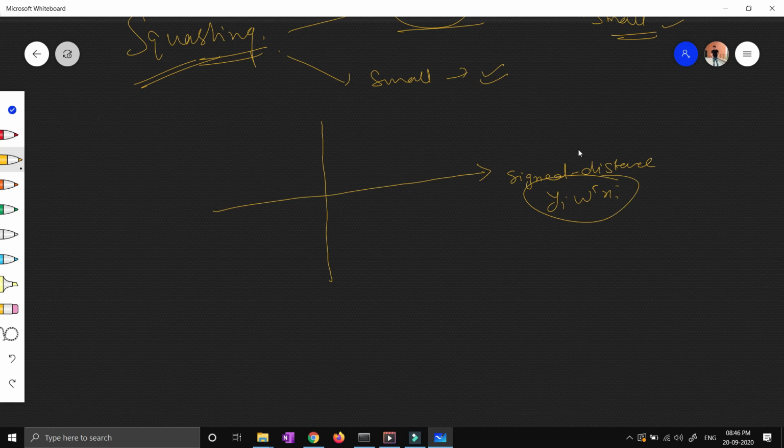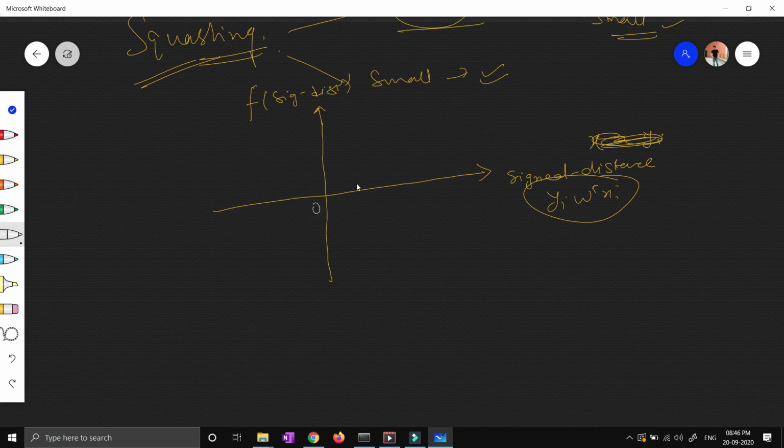Let me just simply take signed distance on the x-axis, and on the y-axis I have a function of signed distance.